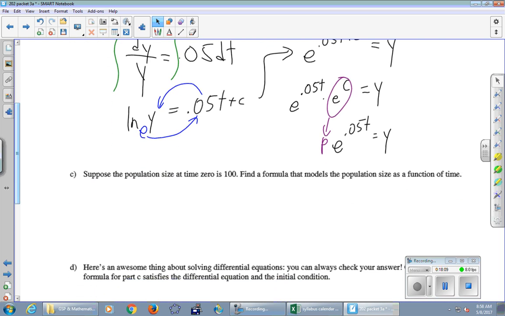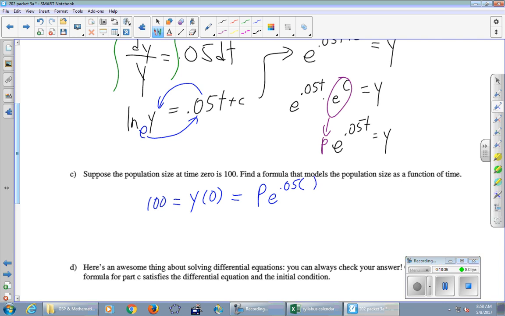Part C: suppose the population size at time 0 is 100. Find a formula that models the population size as a function of time. This is really just saying find the particular value of P that gives this initial condition. So we know that y of 0 is 100. On the other hand, y of 0 according to our formula is P e to the 0.05 times 0, just plugging in 0 for t.